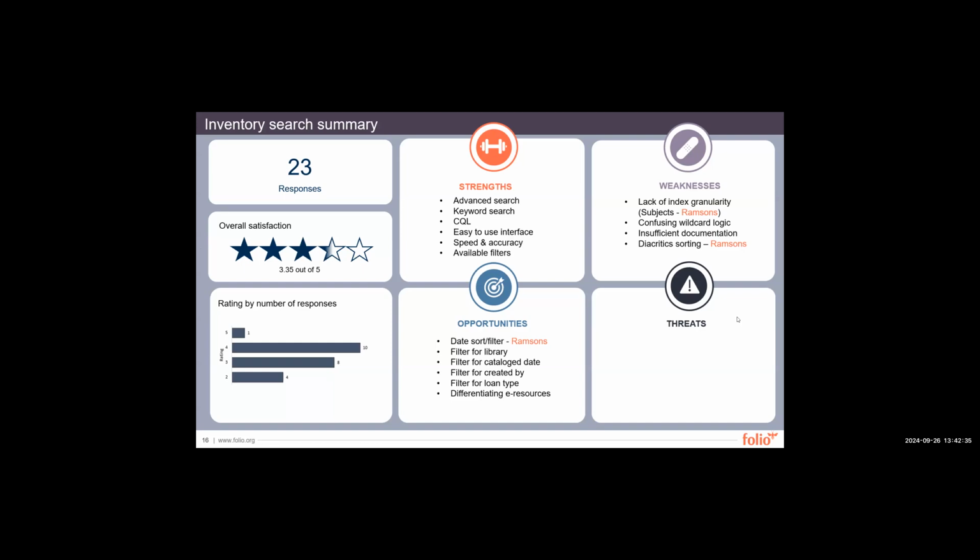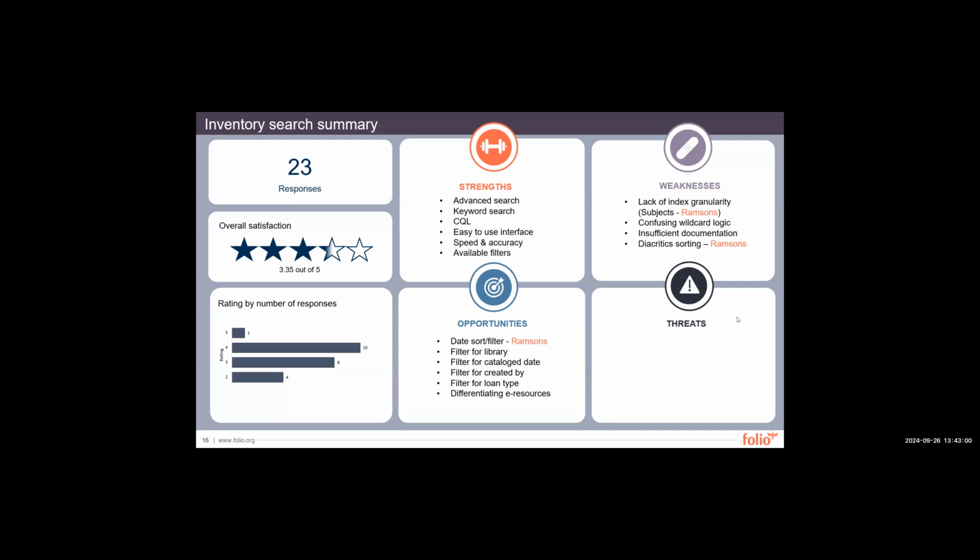So starting with inventory search, some of the strengths that were called out include the new advanced search functionality, as well as general keyword search. Some participants mentioned CQL, the ability to perform more precise and targeted searches. And then in general, participants mentioned the easy to use interface and the speed and accuracy of search results.